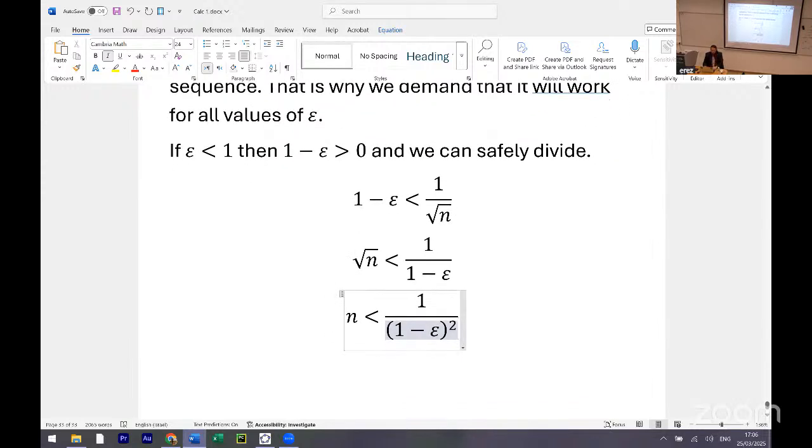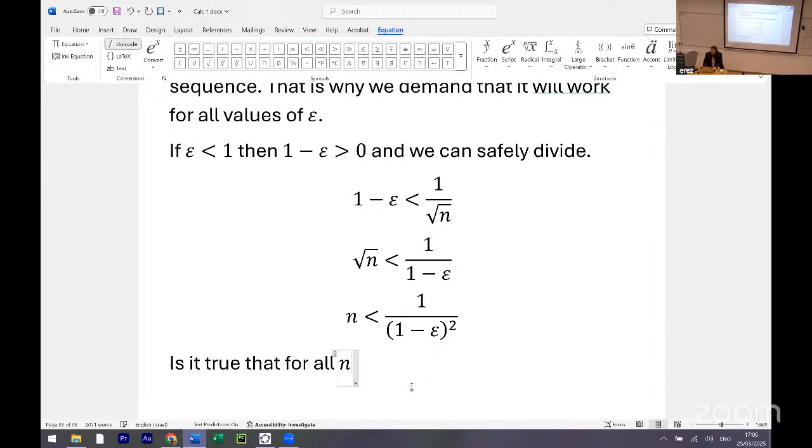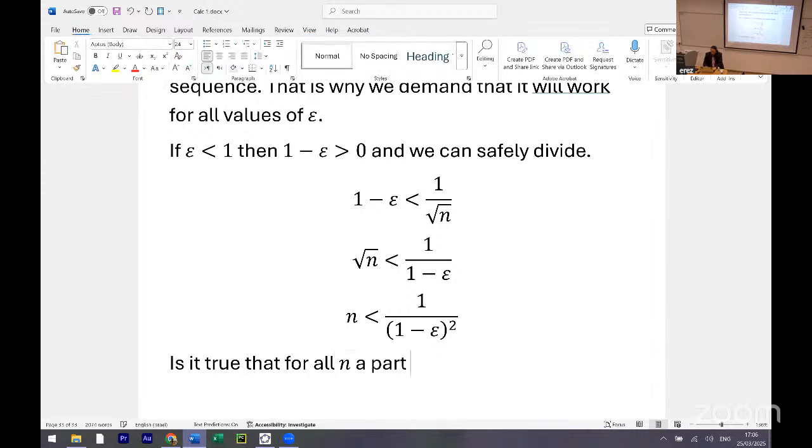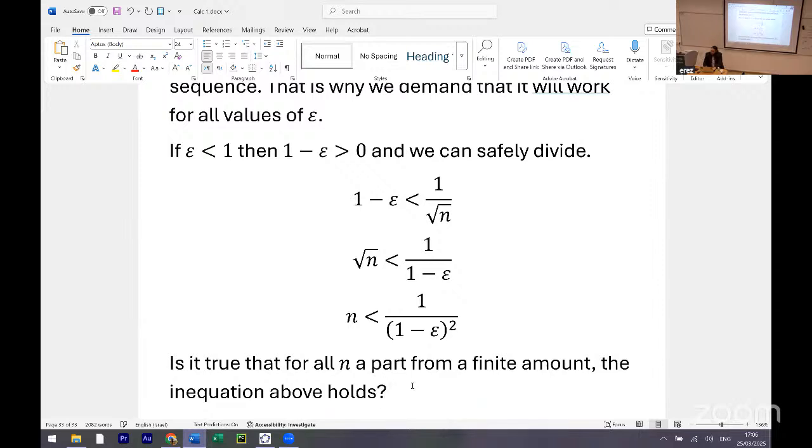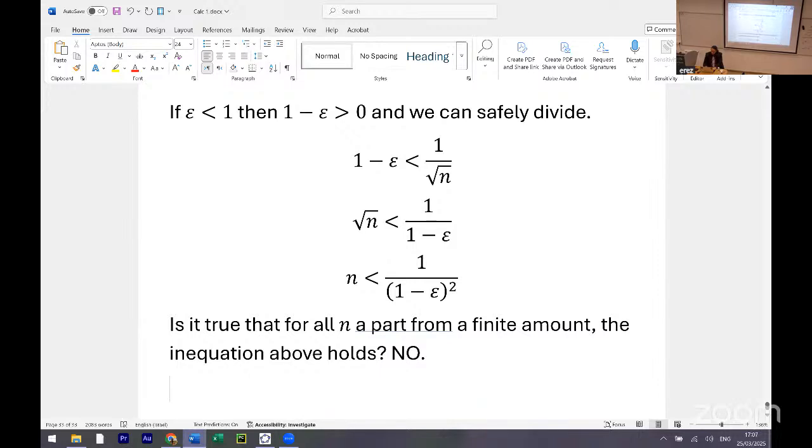Is it true that for all n apart from a finite amount, the inequality above holds from a certain k onwards? No. It's quite the opposite. From a certain k, it does not hold.